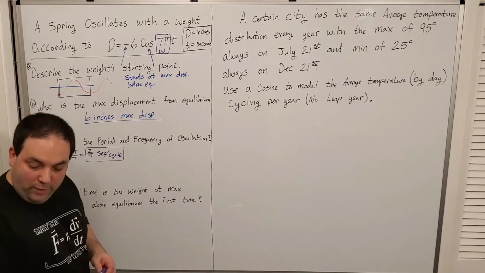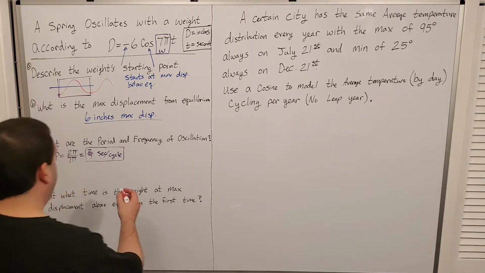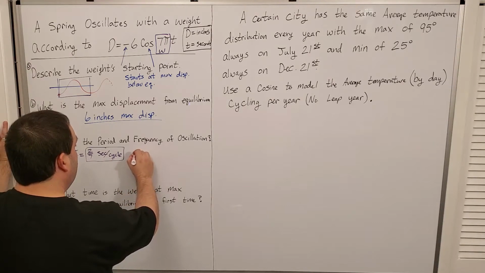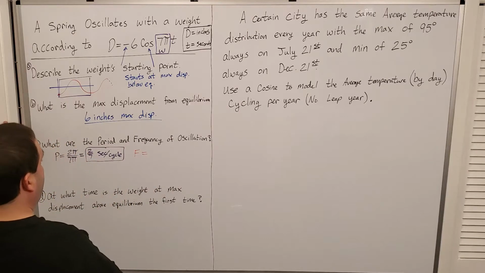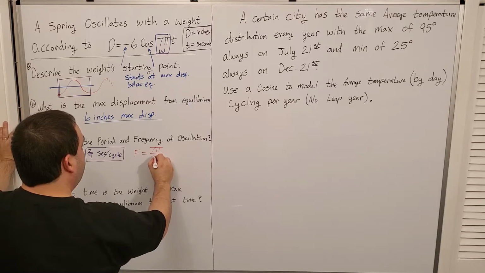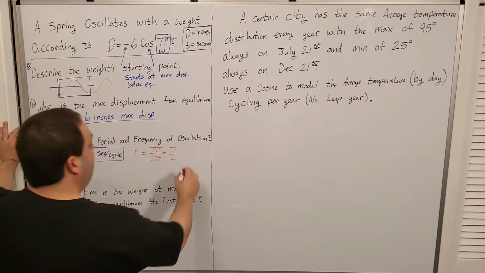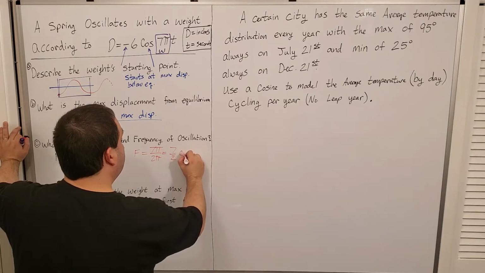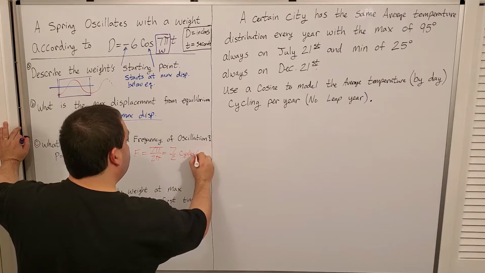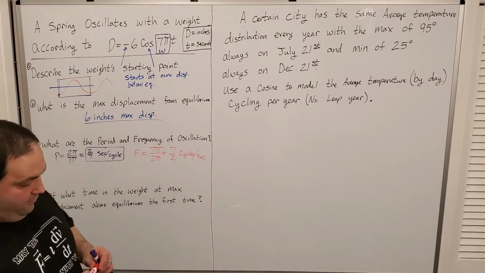And then the frequency, right? The frequency is exactly the reciprocal of that. 7 pi divided by 2 pi, right? 7/2. And that's cycles per second. 7/2 is 3.5.